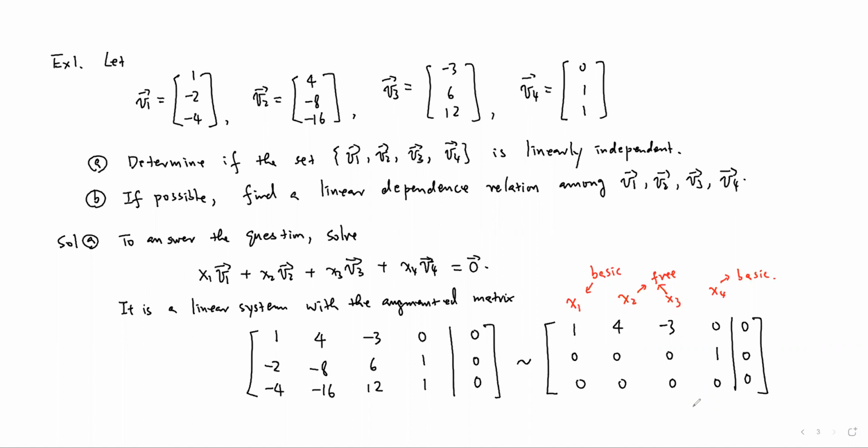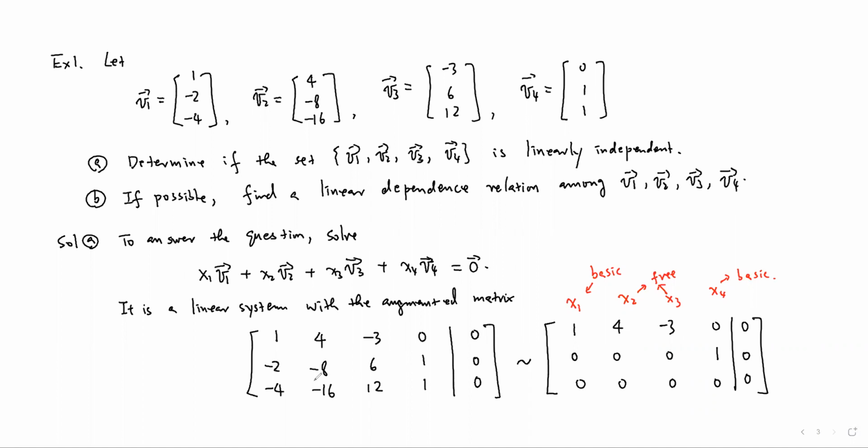This linear system, because the right hand side is 0, it always has a solution. The linear system is consistent. Now the next question is how many solutions the linear system has?